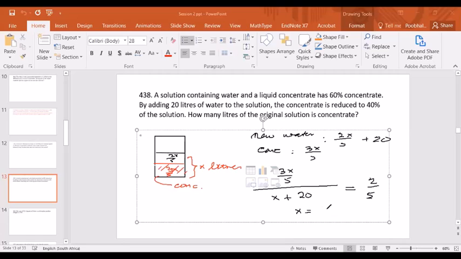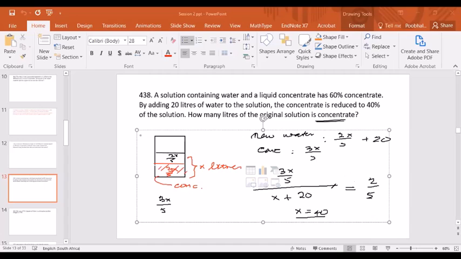I think x is equal to 40. Okay, I'm not going to go through all the processes. So x is 40. Now that is the number of liters you had originally in the container. Now they ask you how many liters of the original were concentrate. So x is not the answer. The answer is 3x over 5, because you want to know how much concentrate there is.